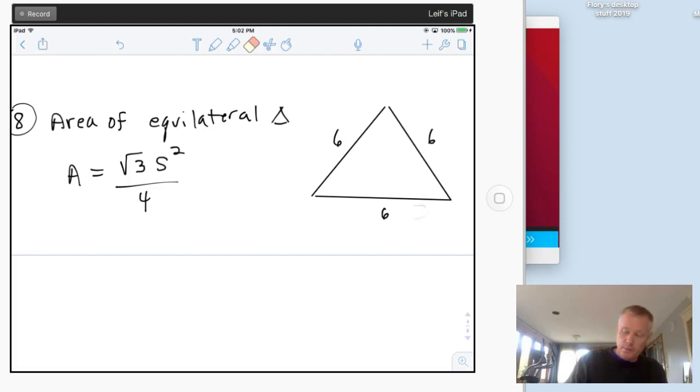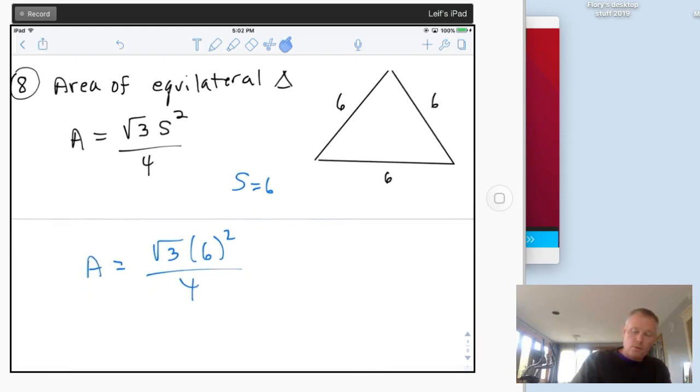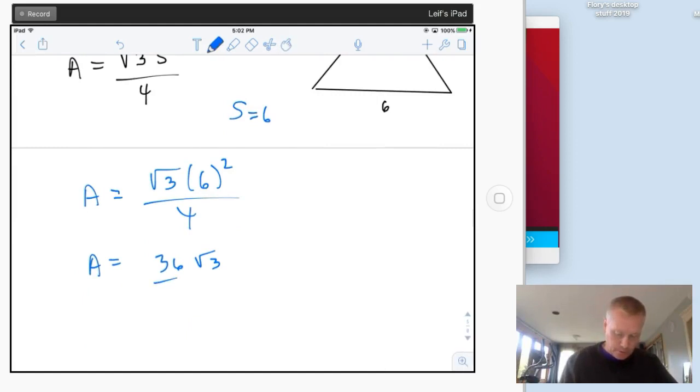You don't have to remember all that, but that's what the formula is, which means if I was asked for the area, S is, in this case, going to be 6. So if I take the square root of 3 and plug in 6 squared over 4, what would my answer be? 6 squared is 36, times square root of 3, over 4, which can be reduced.